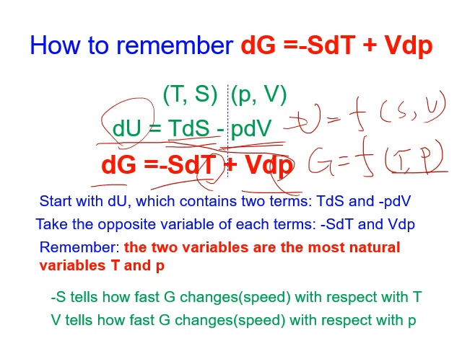By comparing with the fundamental equation for internal energy, we can easily find that negative S tells you how fast the Gibbs energy changes with temperature, and the volume tells you how fast Gibbs energy changes with pressure. We'll talk more about this in the next slide.